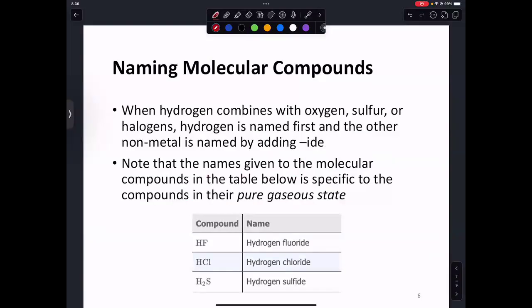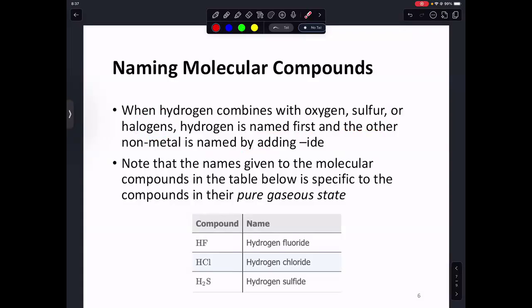Now, the last thing with naming molecular compounds: when hydrogen is combined with either oxygen, sulfur, or halogens, hydrogen is always going to be named first, and then the other nonmetal in the molecule is named, and then we add the suffix IDE.